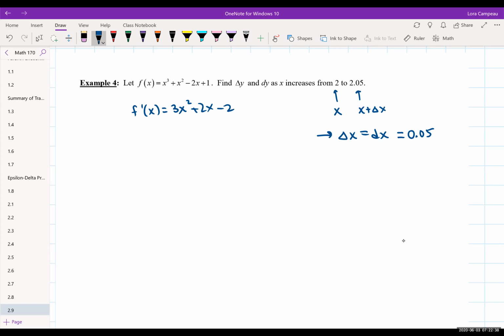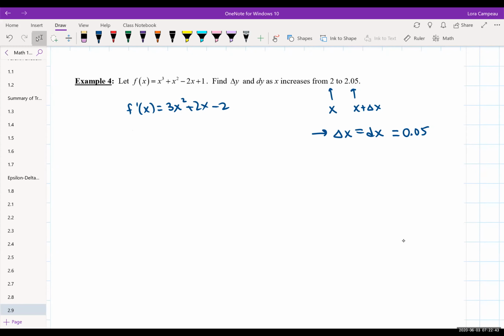Now if we're looking at our x value, what is our f prime at 2? We'll use a different color to help you out. So we have 3 times 2 squared plus 2 times 2 minus 2. Do a little math: 2 squared is 4, 3 times 4 is 12, plus 4 minus 2, we end up getting 14. All right, so at least we have the slope of the tangent line at that point, and we'll piece it all together in a second.